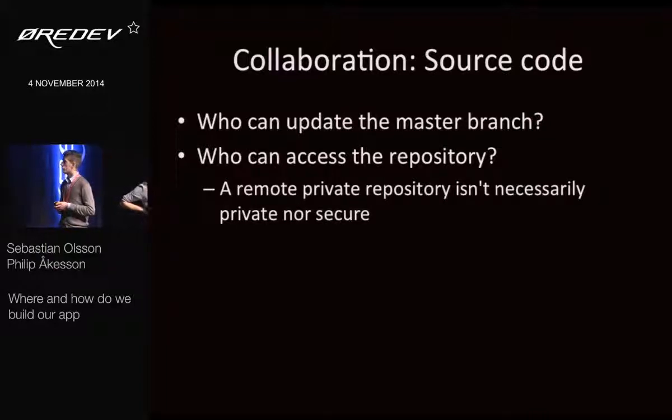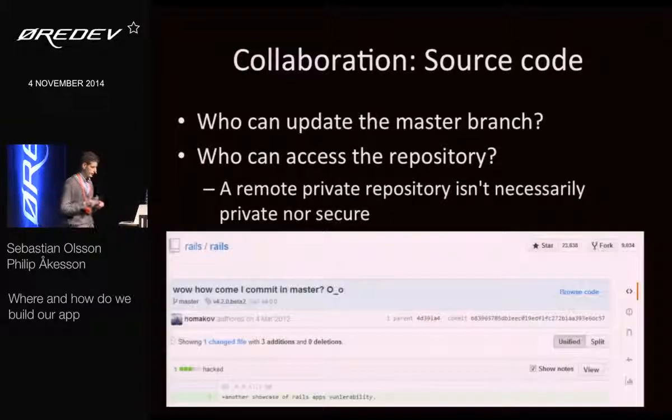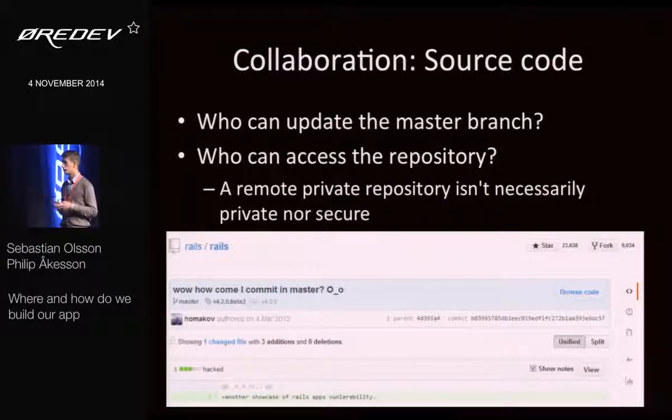And if you think you have a private remote repository somewhere, perhaps at a third party, maybe you have a private account at GitHub that you collaborate with other people on, it might not be as secure as you think. Here's a screenshot showing an attacker who managed to commit something to the Ruby on Rails repository on GitHub.